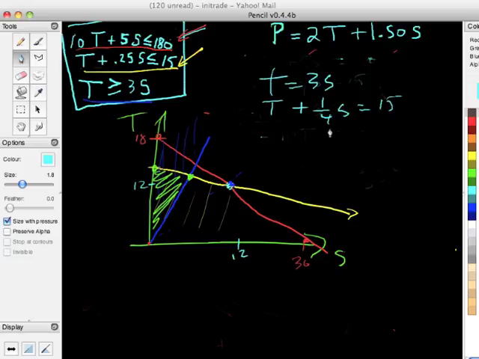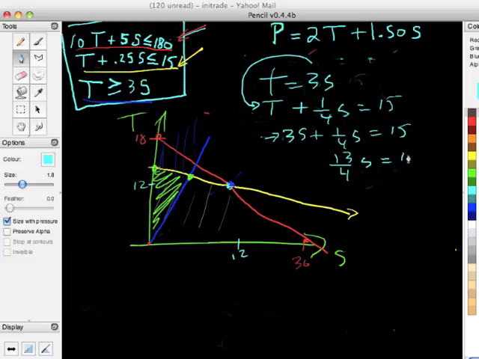So substitution, right? Looks pretty straightforward. Let's put 3s in for t. 3s plus 1/4 s is equal to 15. This number 3 is the same as 12 quarters. So we have 13 quarters.